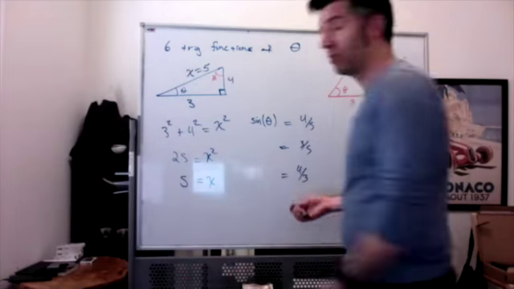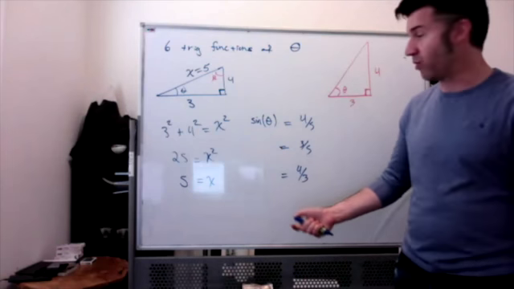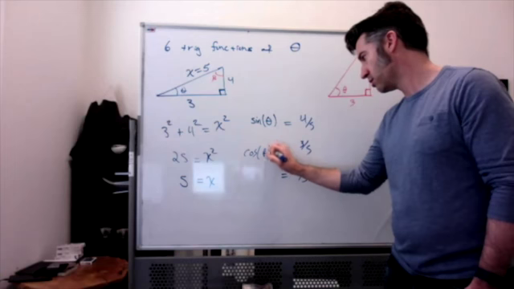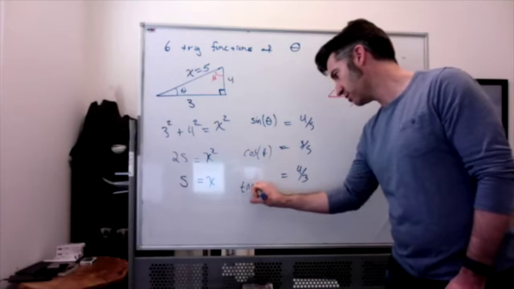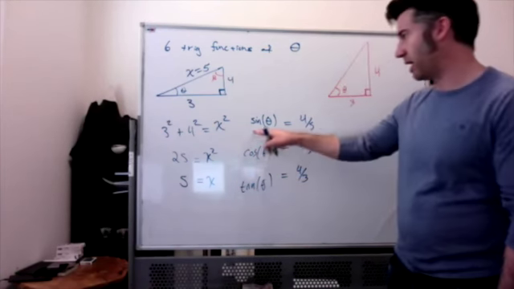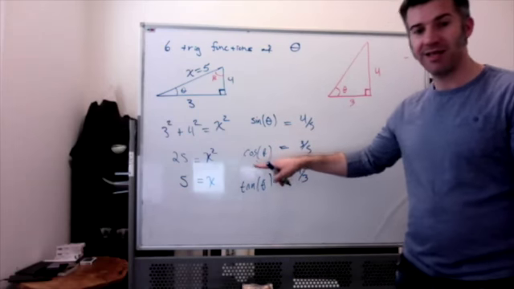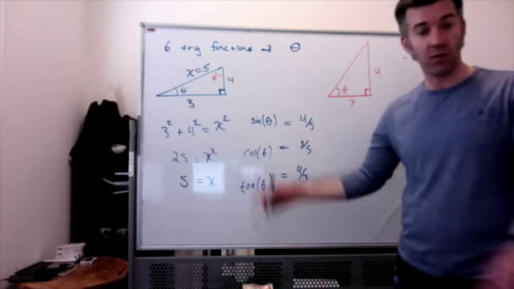So please, please, please, when you're writing sine or cosine or tangent, you need to write sine of theta, cosine of theta, tangent of theta, equal to whatever it's equal to.